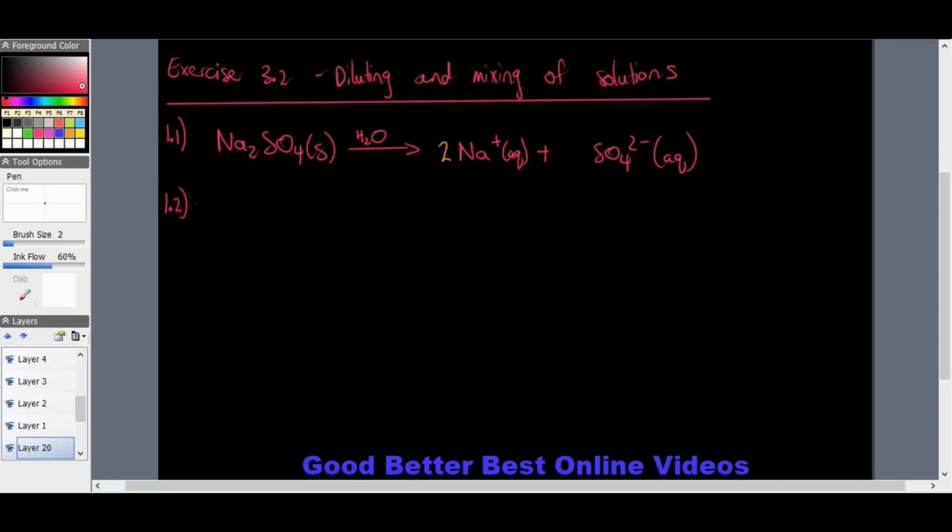1.2 says that 7,1 grams of Na2SO4 are dissolved in water to make up 500 cubic centimeters of solution. Calculate the concentration of the solution. Here, first a simple mole calculation.